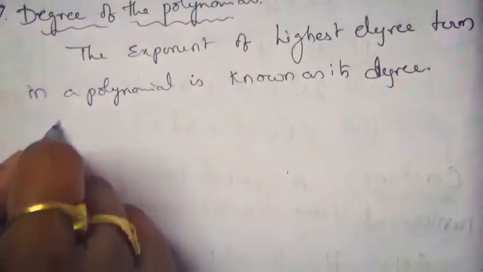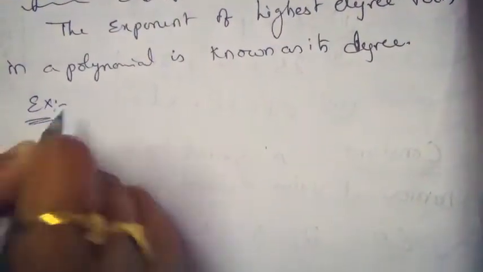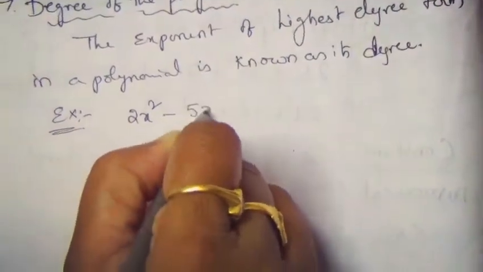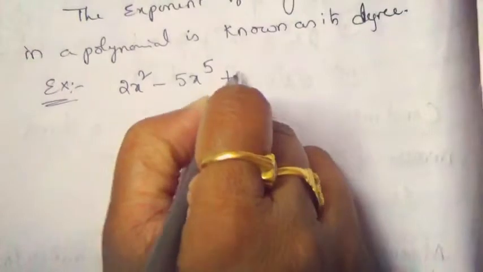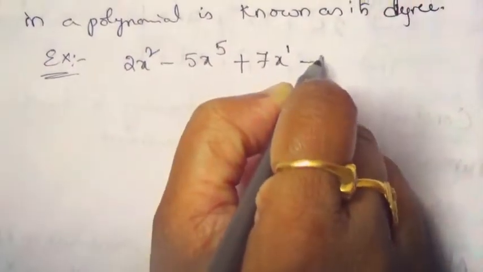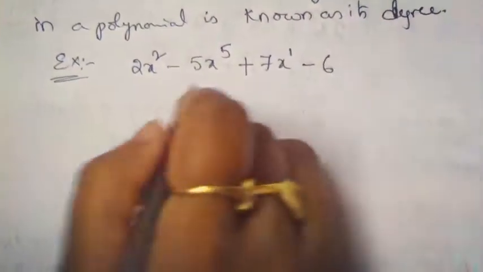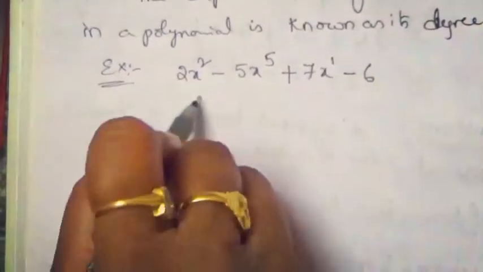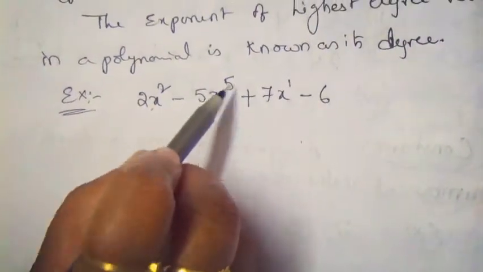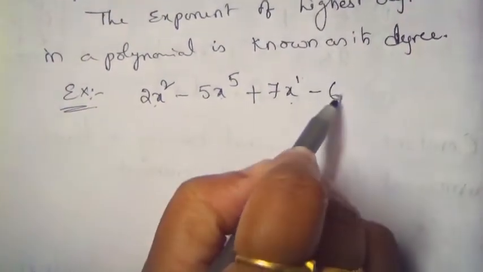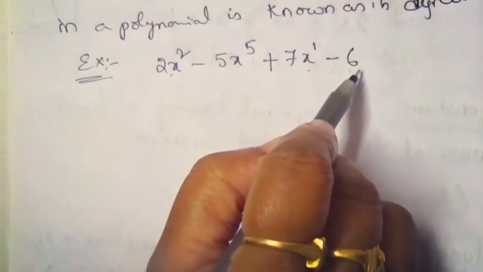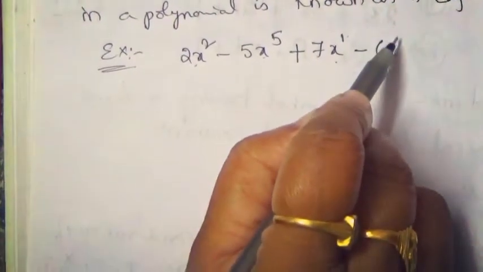For example, look at here: 2x square minus 5x to the power of 5 plus 7x to the power of 1 minus 6. Which is the highest degree for this algebraic expression? Here the power is 2, here the power is 5, here the power is 1. The last is a constant term, but we may imagine that x to the power of 0 is there.